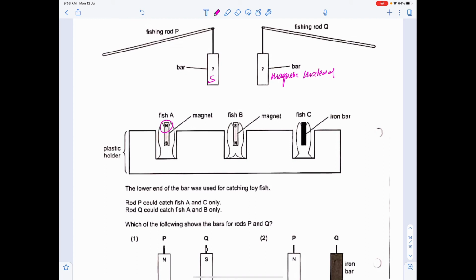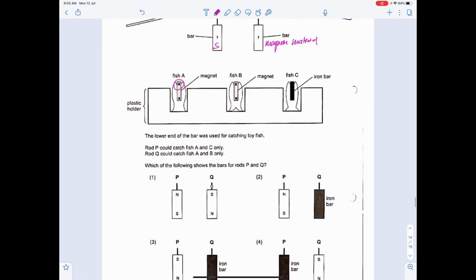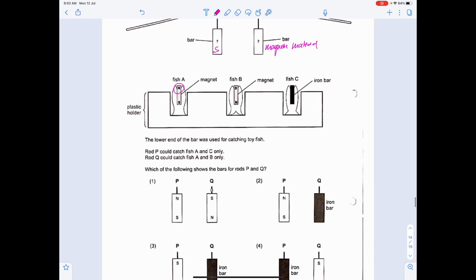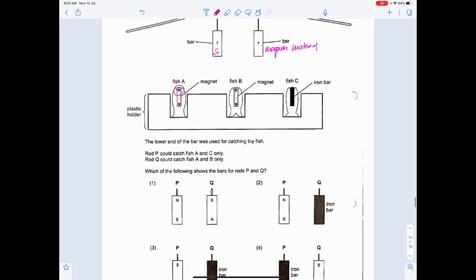Okay, so once I've gotten a sense of the situation, I then move down to the question to try and match. So which of the following shows the bars for P and Q? So the first one could be plausible. Why? Because south is here, and south will attract to your north. That's correct. And this will also attract to bar C because a magnet can attract an iron bar.